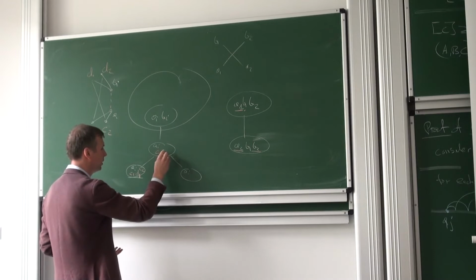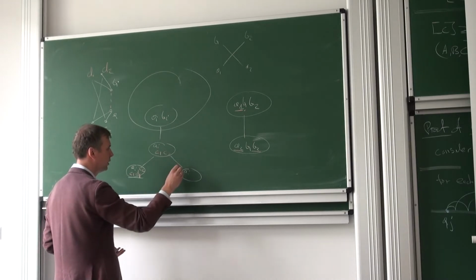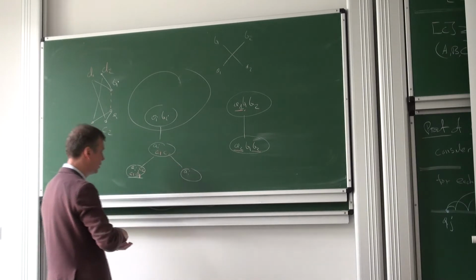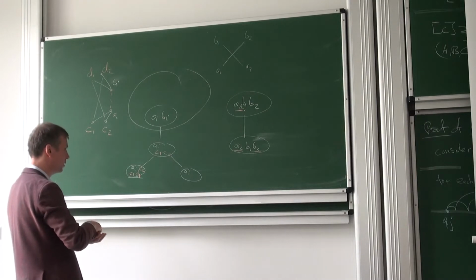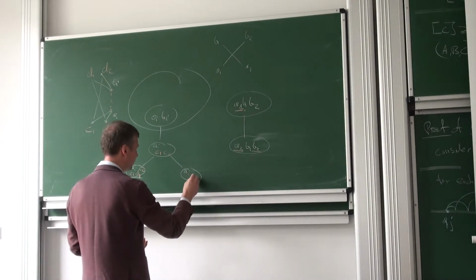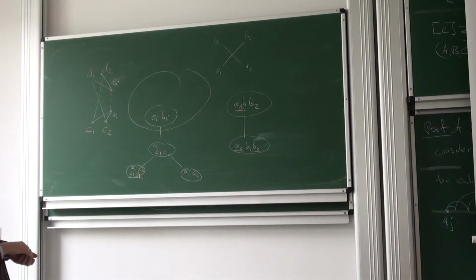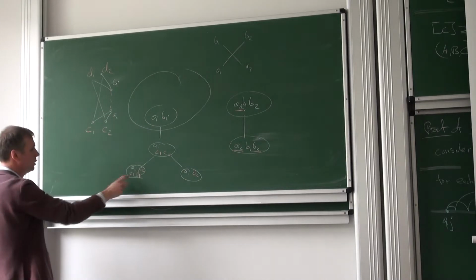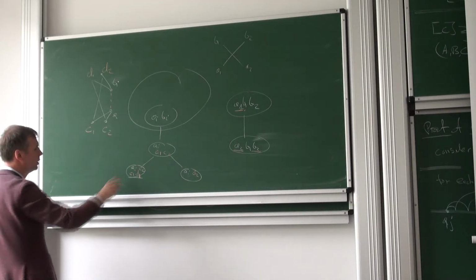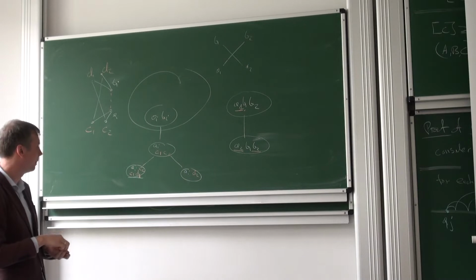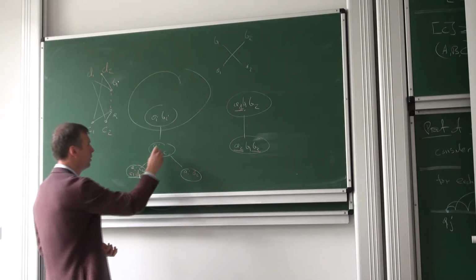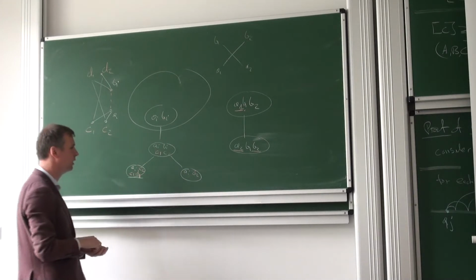Here I should have D2. Did I already fail? No, Ai to C1, Ai to C2 is done. B, where does B go? I guess I need Bi here.